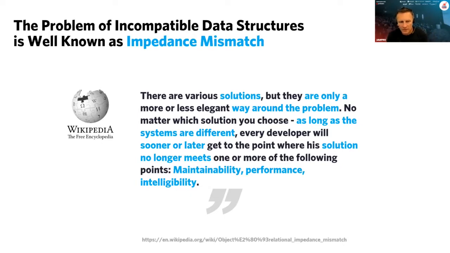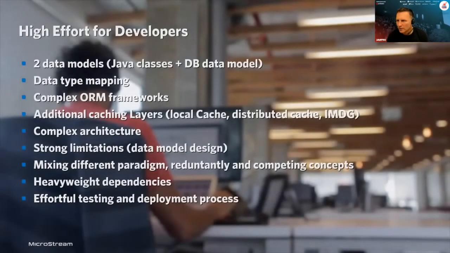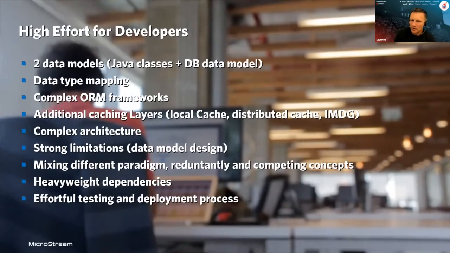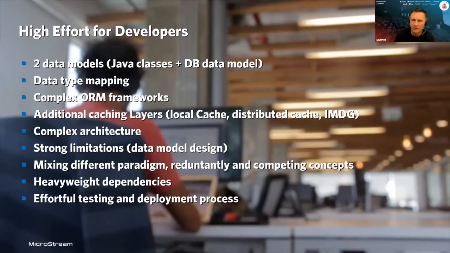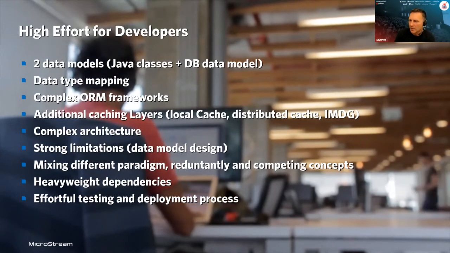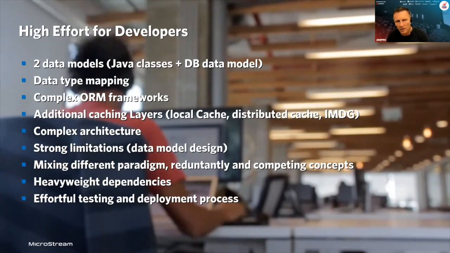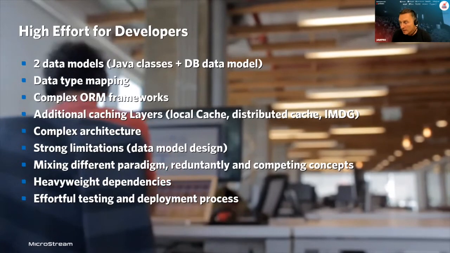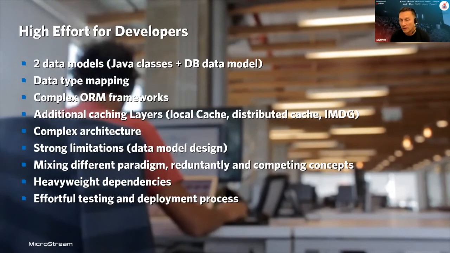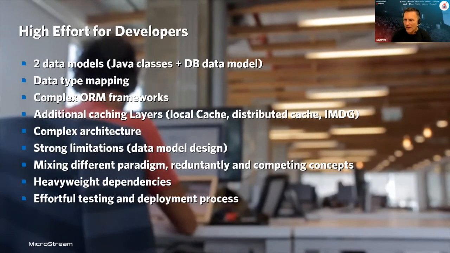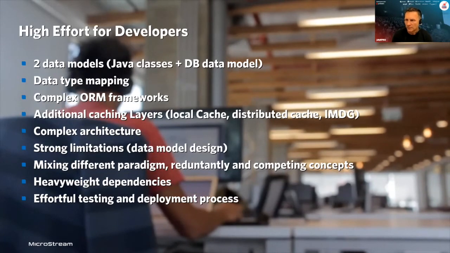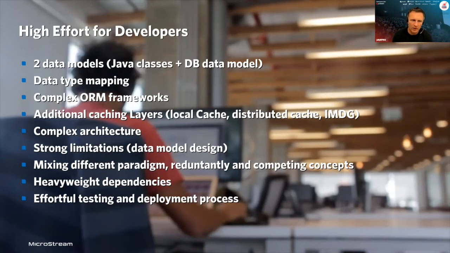And this is the reason why we thought we cannot solve this problem, so we have to do it fundamentally differently. For developers, we always have the same problem: we have to build our object model, our classes in Java, and additionally build our data structure with the database systems. So we have to do it twice, double effort, and it's always a source of errors.